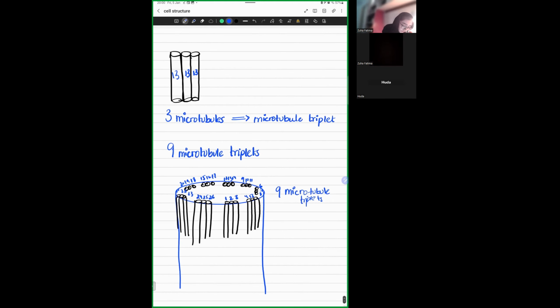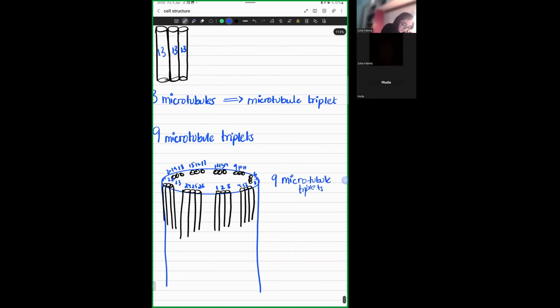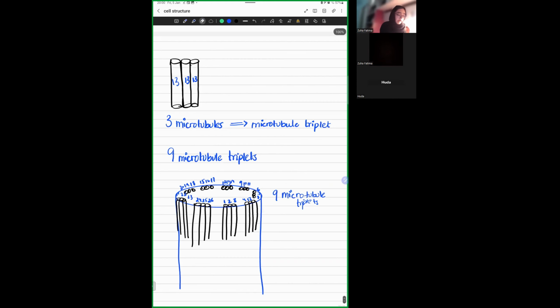This should be 27. What have I missed? Okay, I have written 6 twice over here. My bad. So basically, all of this would add up to 27. So 9 microtubule triplets mean that we have 27 microtubules present. So when 27 microtubules join together as 9 triplets, these 9 triplets are forming a hollow cylinder.